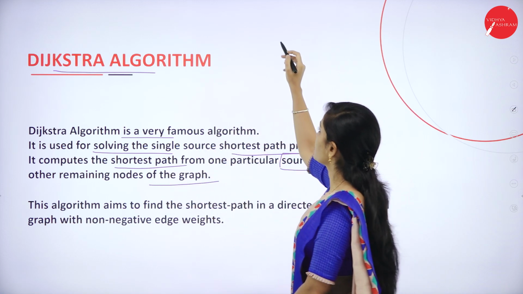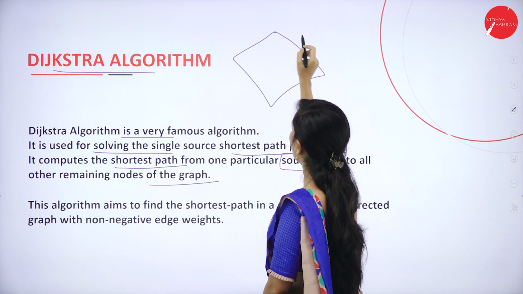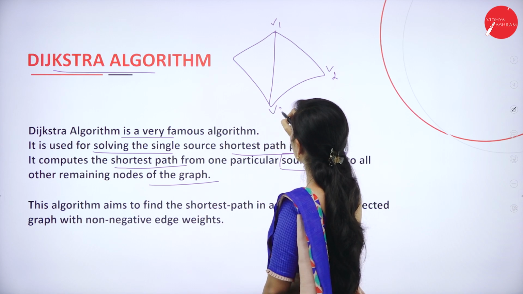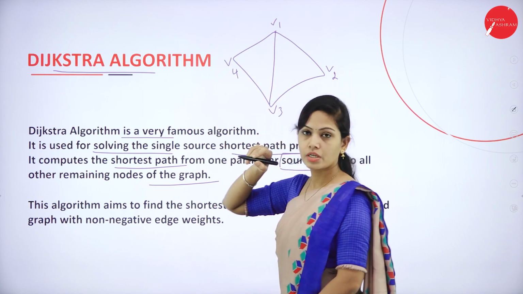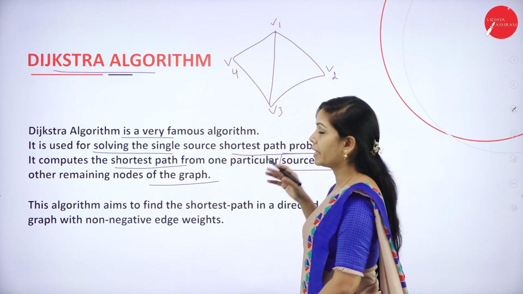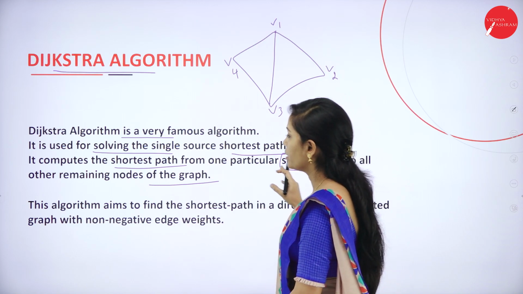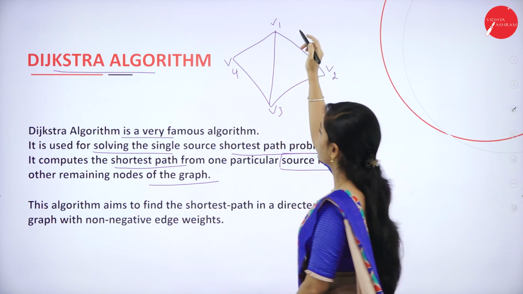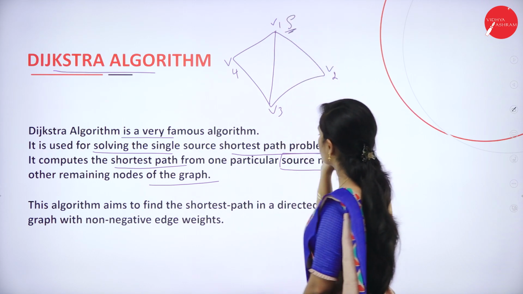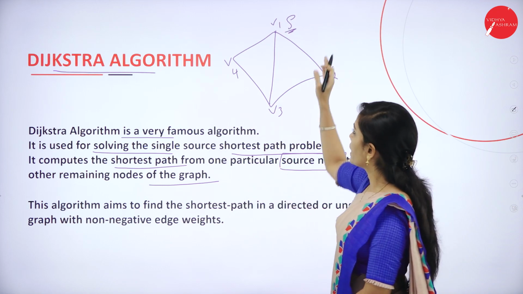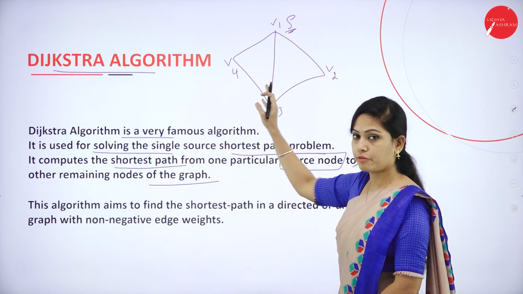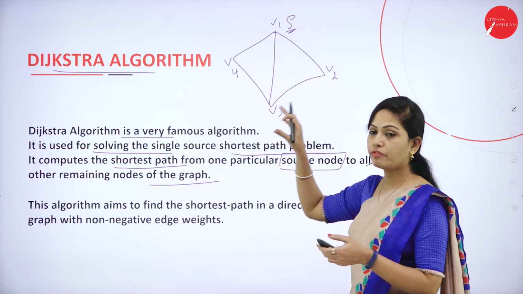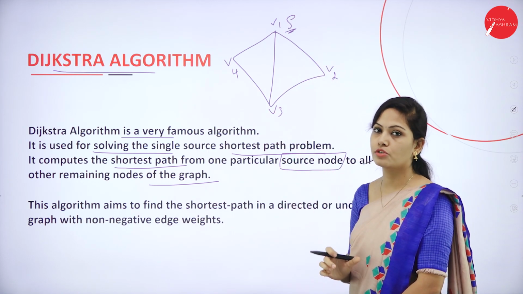Example, if you have this graph V1, V2, V3 and V4, we apply Dijkstra's algorithm here. V1 is my source node, and traveling from V1 to V3, V4, V2, we are finding the shortest route.